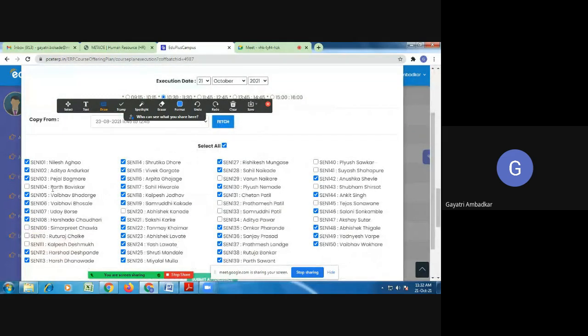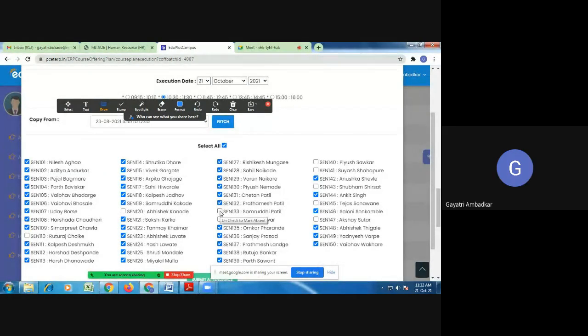Parth Vaviskar, present, ma'am. Simarpreet Chawla, those who are having tick mark can leave. Simarpreet Chawla, Ruturaj Cholke, Kalpesh Deshmukh, present, ma'am. Then Abhishek Kanade, Varun Naikre, present, ma'am. Prathamesh Patil, present, ma'am.